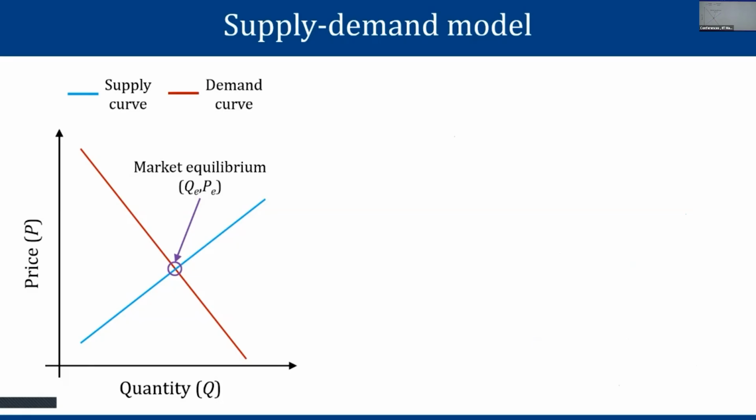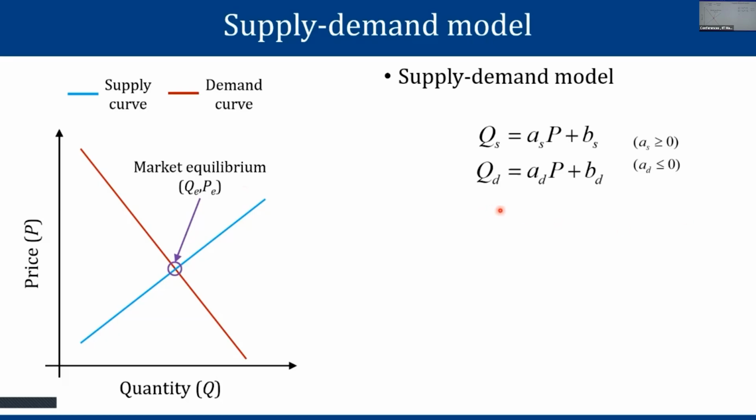As I mentioned earlier, the demand curve and the supply curve shown in this graph are of the simplest form, which is linear lines. So these lines can be written as mathematical equations like these.